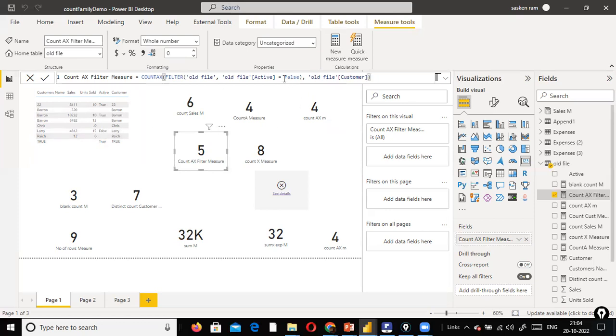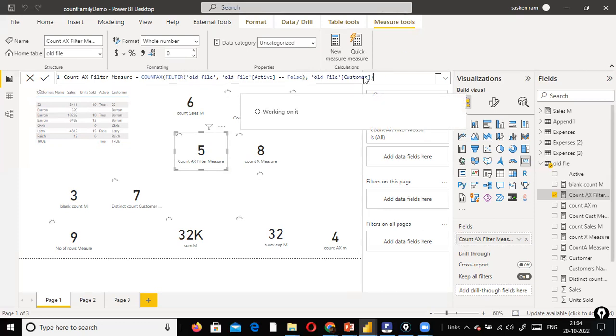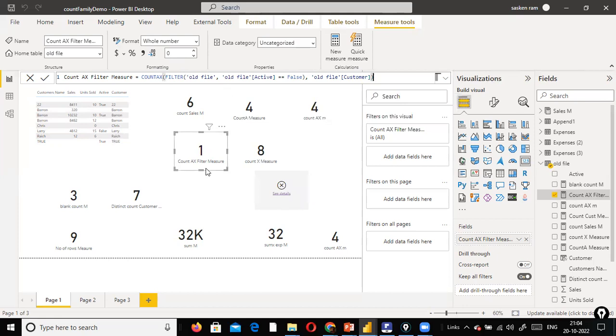Here, when I type two equal signs, it is doing a perfect job. So you should know the difference between a single equal sign and a double equal sign. Sometimes even an experienced developer, due to oversight, might type a single equal sign and then break their head.